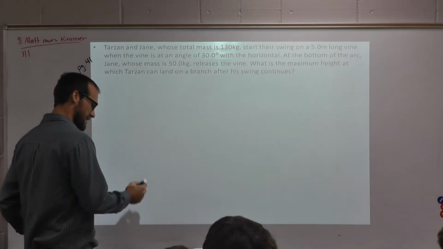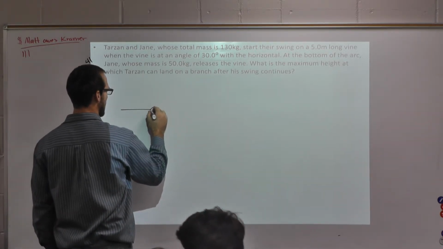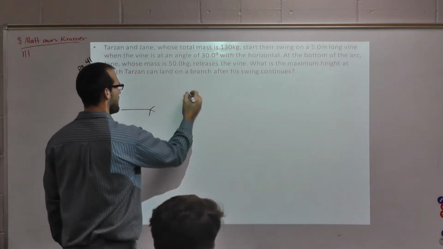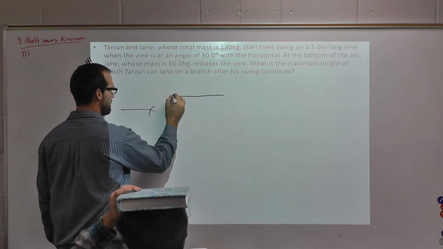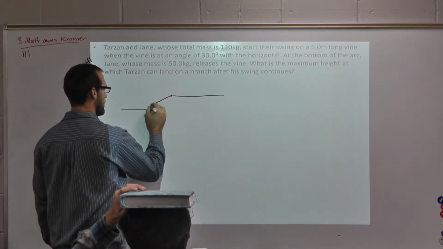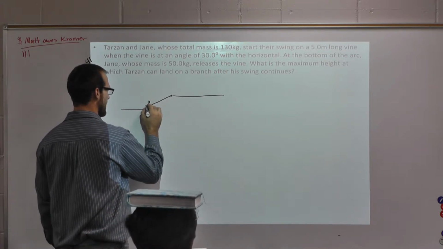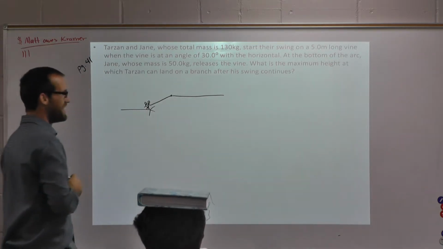Okay, so let's say that we've got some tree here. There's my tree. There's a bird foot. There's another tree branch here with a vine on it. The vine is being held by Tarzan, and on Tarzan is Jane.